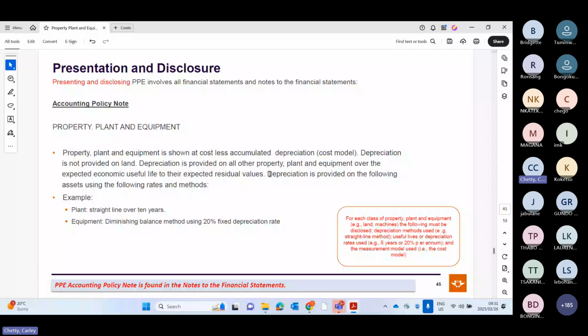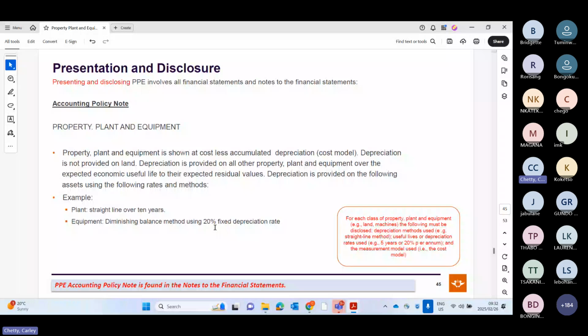So they'll tell you what each item is and how it is depreciated. In this example, plant is depreciated on a straight line basis over 10 years, and equipment is depreciated on the diminishing balance method using a 20% fixed depreciation rate.